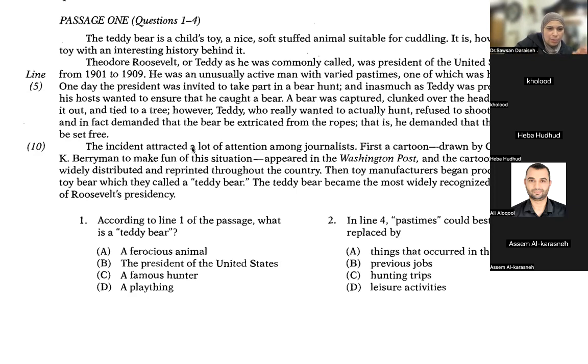This thing the president did attracted a lot of attention. The world noticed it, right? Among journalists, writers in the newspaper. First, a cartoon drawn by Clifford Berryman to make fun of the situation. People know cartoons, caricatures, made fun of the situation. They found a way to laugh at him, to poke fun at him.